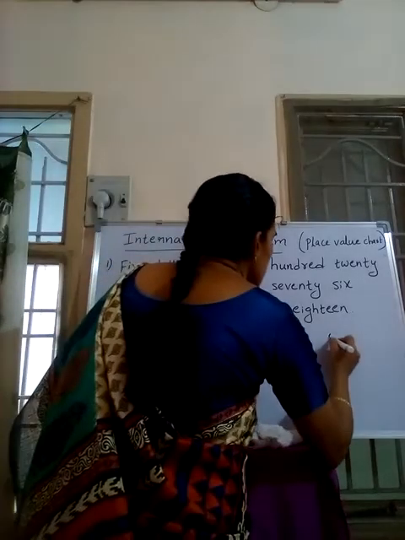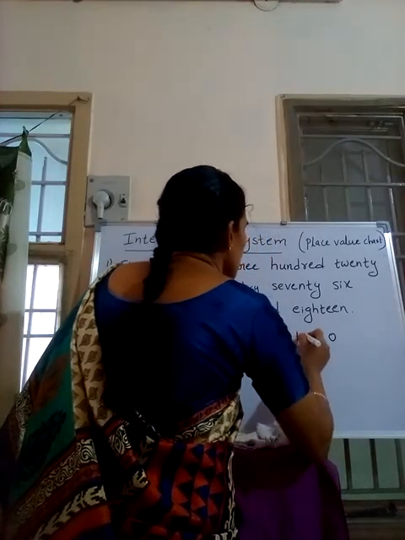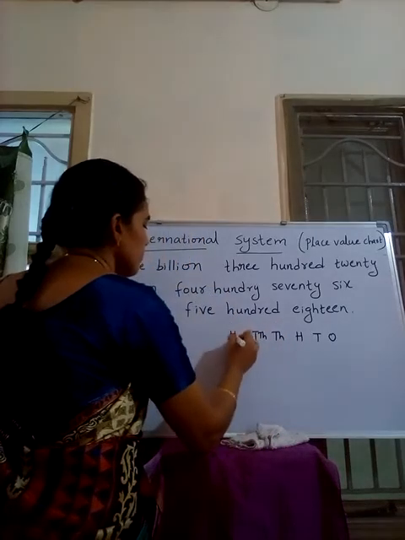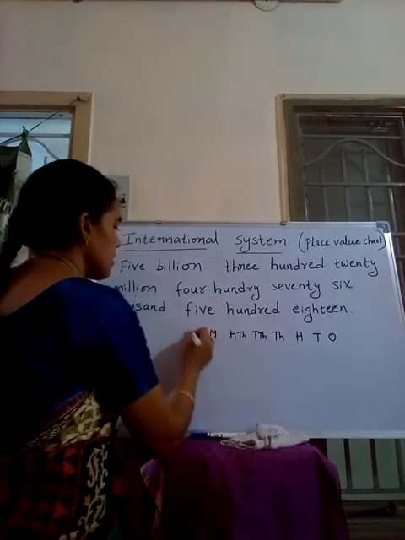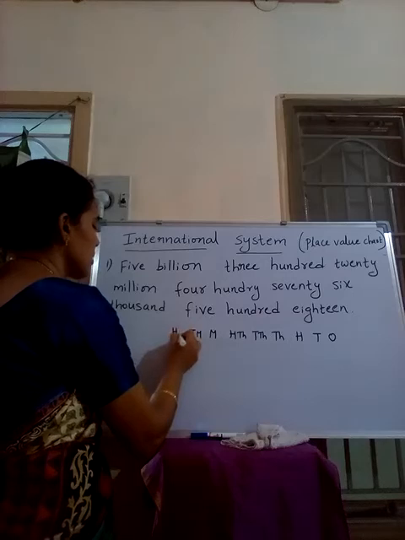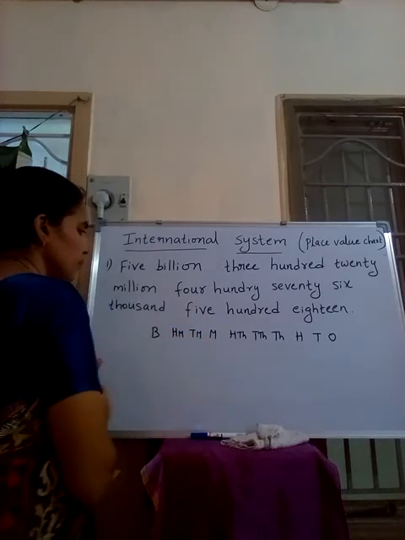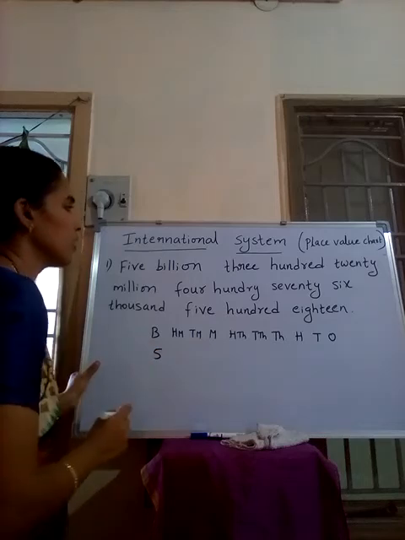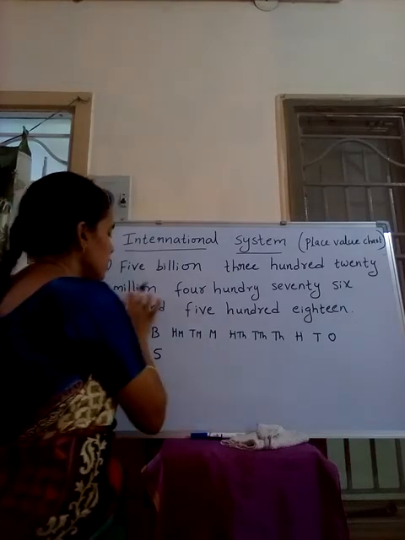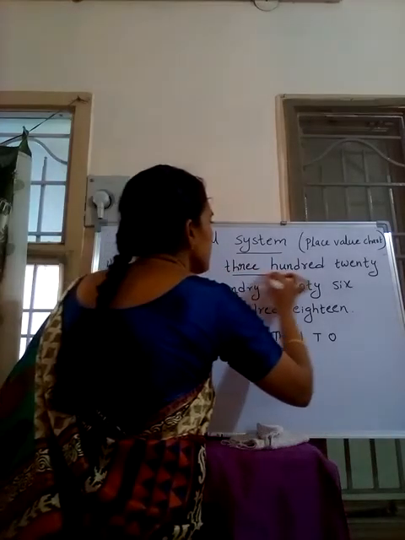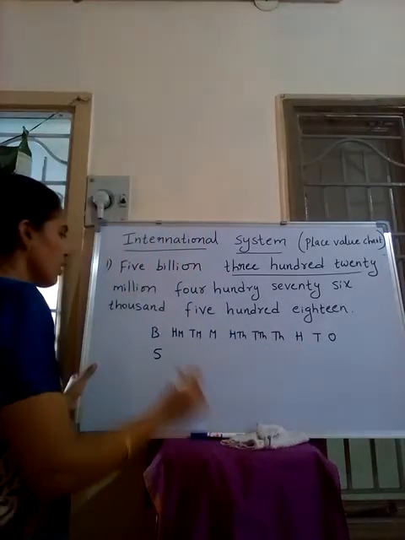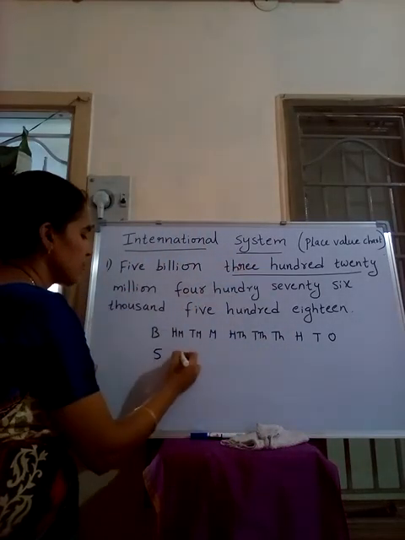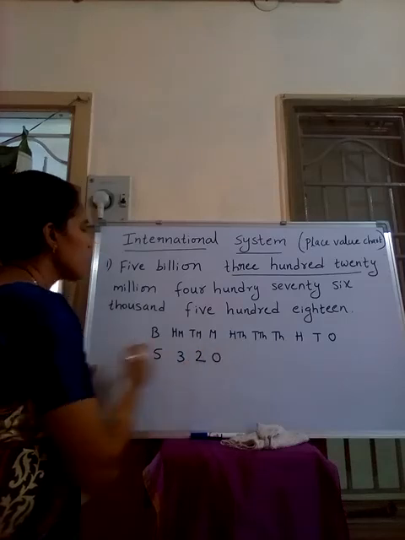Now first write the places: ones, tens, hundreds, thousands, 10,000s, 100,000s, millions, 10 millions, 100 millions, billions. How many billions are there? 5. 5 billion. And how many millions are there? 320. Under millions period, we should write 320. 320 million.